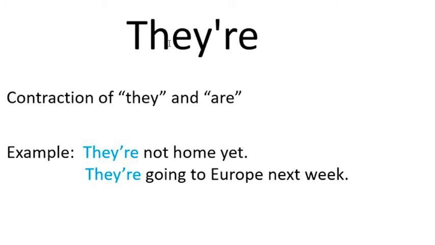The last of the three is they're. This is a contraction of they and are. Contractions are easy to identify because you know that there are two words involved. So, as an example, they're not home yet, they are not home yet, and they're going to Europe next week. Pretty simple.